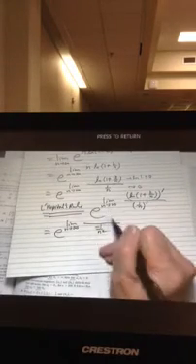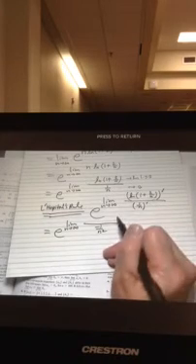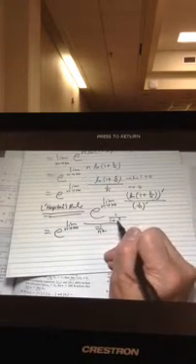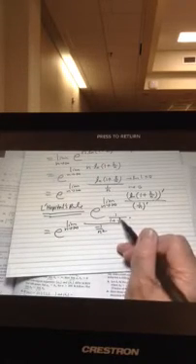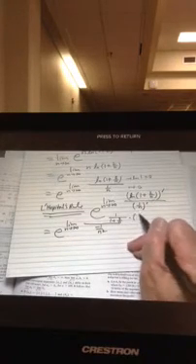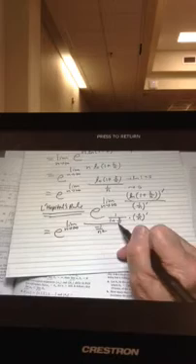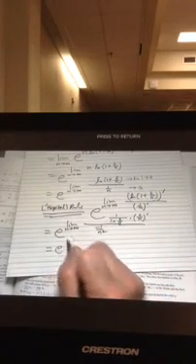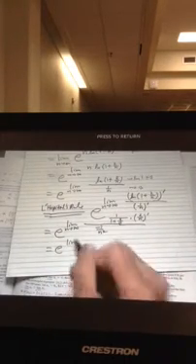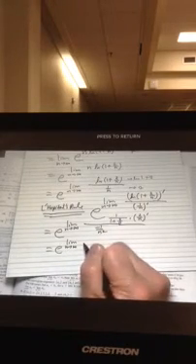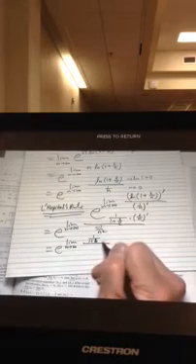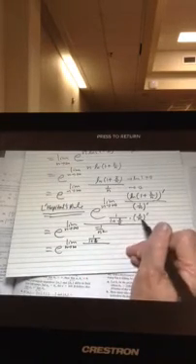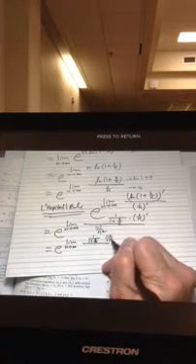The derivative of the natural log is 1 over 1 plus 2 over n, times the derivative of 2 over n, because here I have to use the chain rule, which is minus 2 over n squared.